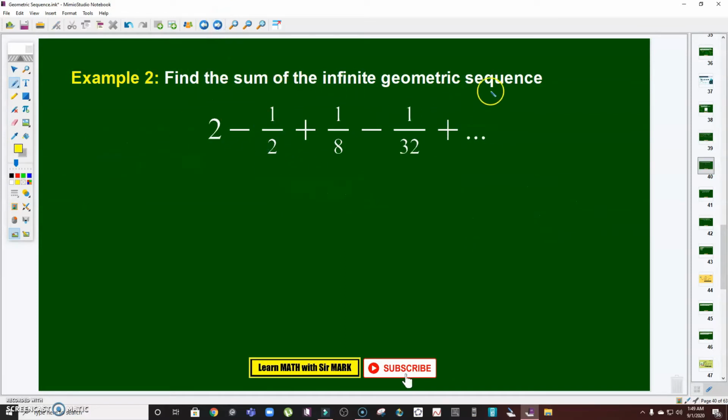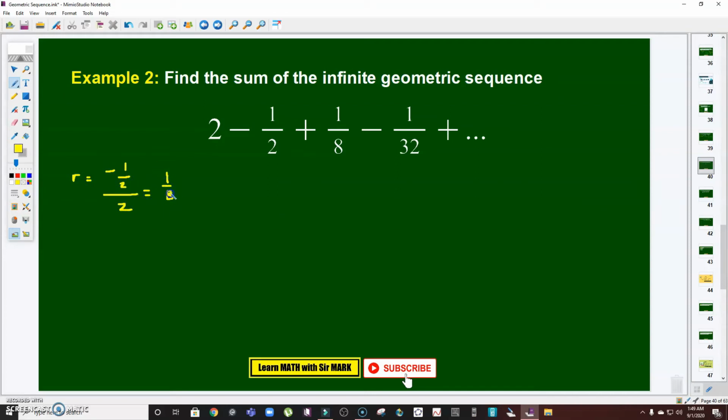Okay, let's have problem number 2. Find the sum of the infinite geometric sequence, 2 minus 1/2 plus 1/8 minus 1 over 32 towards infinity. Once again, check natin if the common ratio is from negative 1 to 1. Ang negative 1/2 over 2 ba? Equal ba yan?